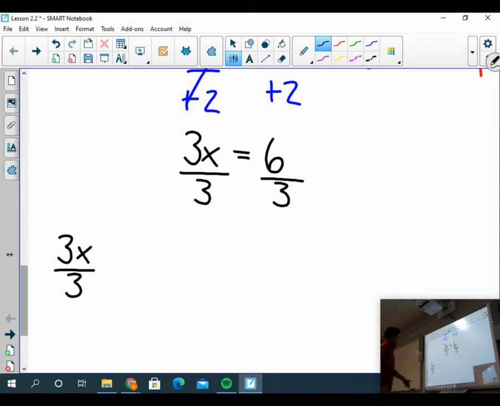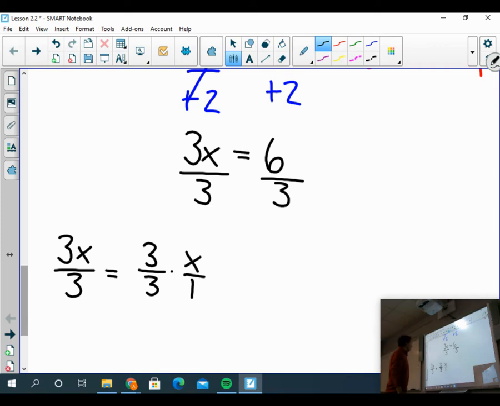what I could really break this down to is 3 is being multiplied by the x on top. And so what's really happening here is I could split this fraction up. Again, we know that 3 over 3 times x is the same thing as 3x over 3, or rather, x over 1.